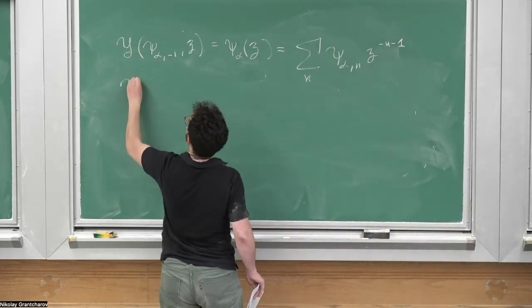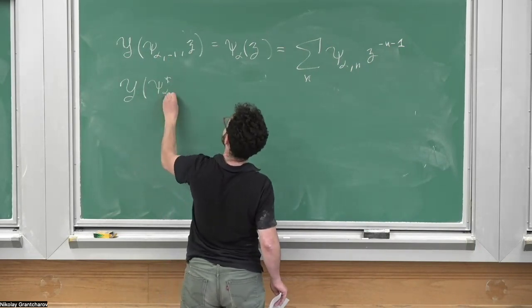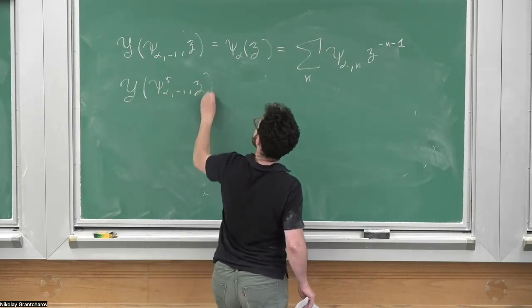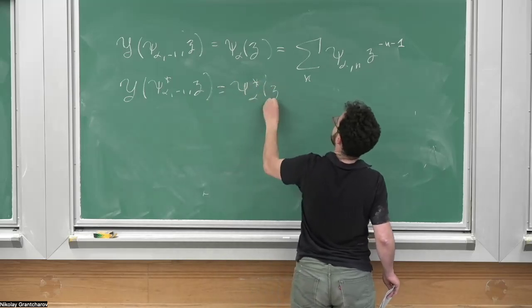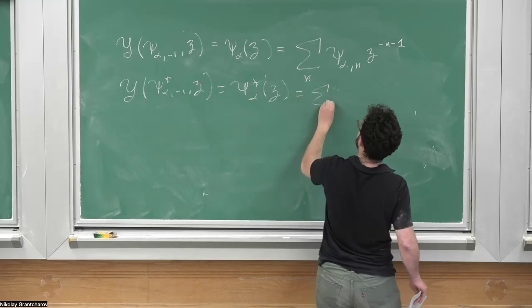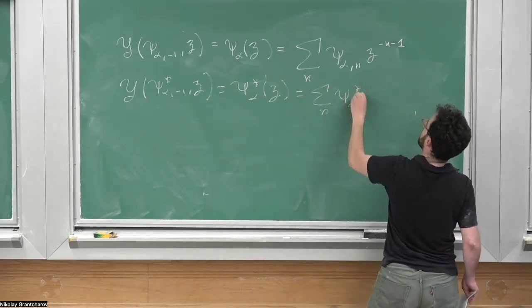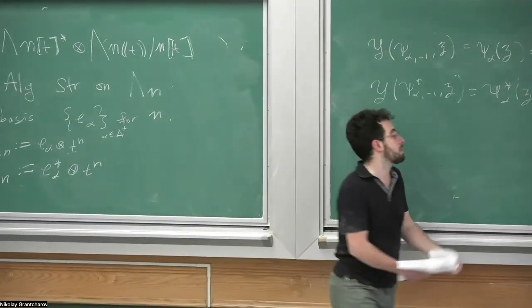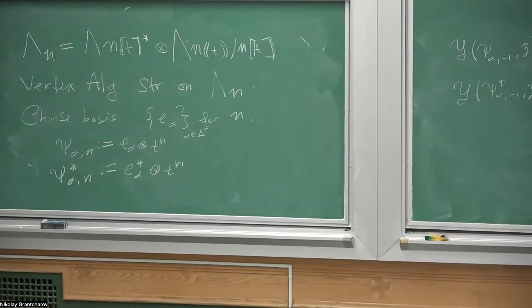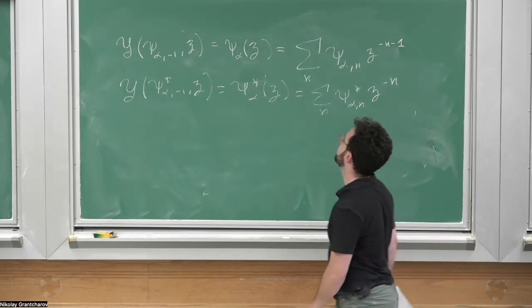And the dual is almost the same. The field corresponding to the dual element is going to be yet again a sum over all n, but there's going to be a shift by 1, because here we don't have the 0 element. We start with minus 1. It's not very important. So those are our fields.